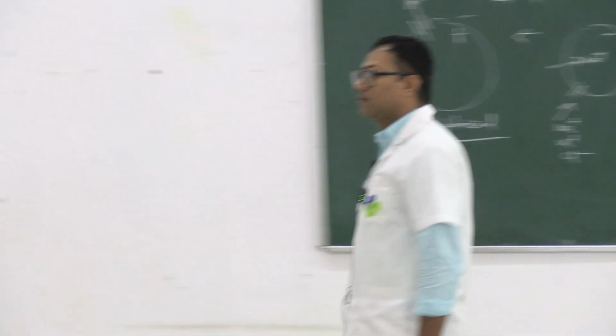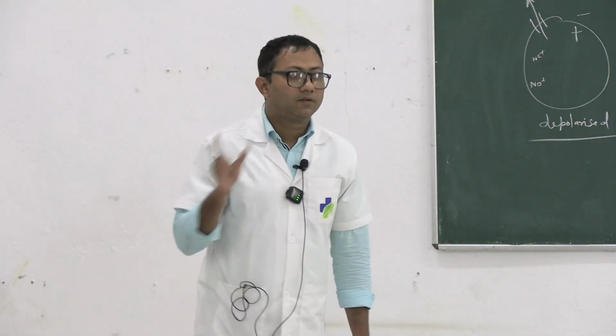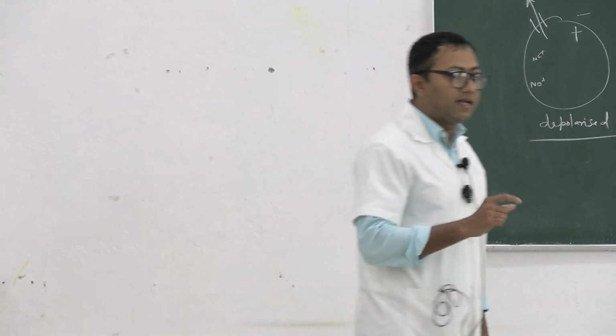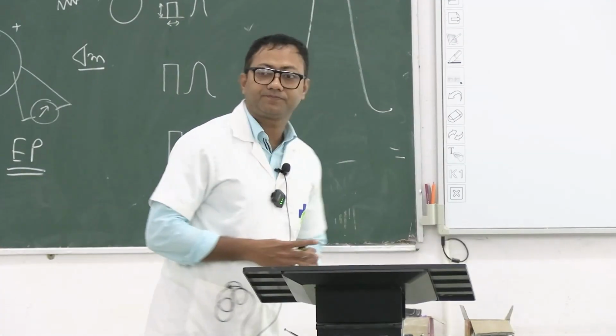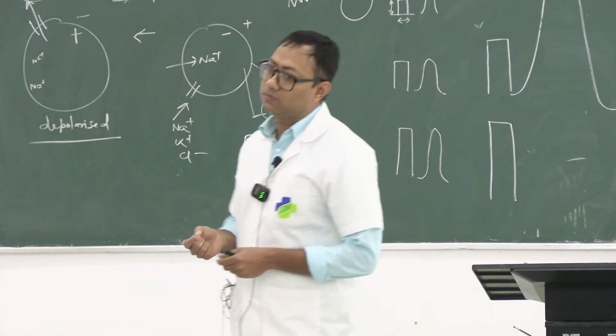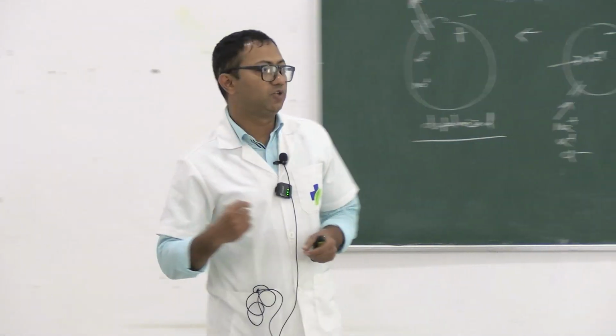Right? Let me repeat. So what we are doing? We are defining action potential. It is a rapid and active change in membrane potential due to application of threshold stimuli.